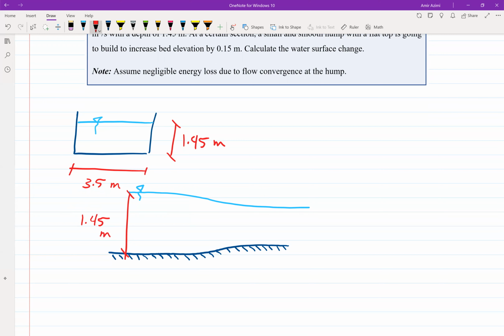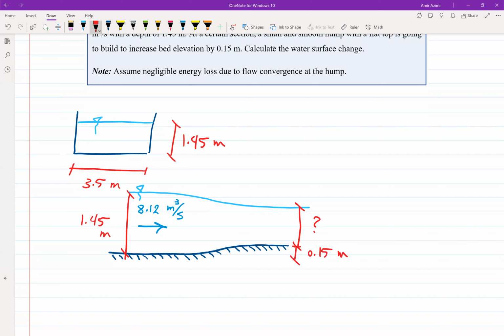And then the elevation change is also 0.15 meter. We also know the discharge is 8.12 cubic meter per second. Okay, so the question asks us to calculate the water level after the transition. So we don't know what is the water level here.